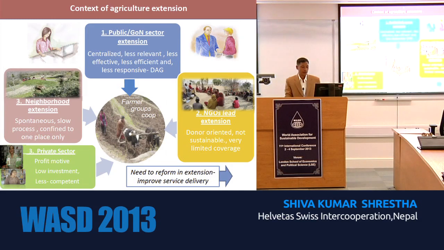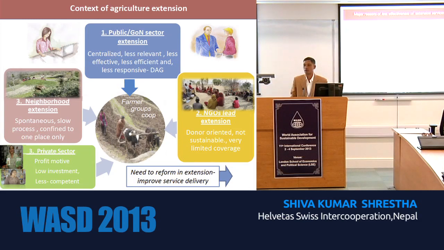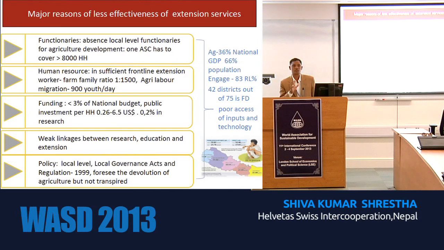And having these different types of approaches, the agriculture sector is still underdeveloped in our context. There are 4 major reasons behind it. One is that it is completely a centralized system. At the local level, there are not many functionaries, an absence of functionaries there.